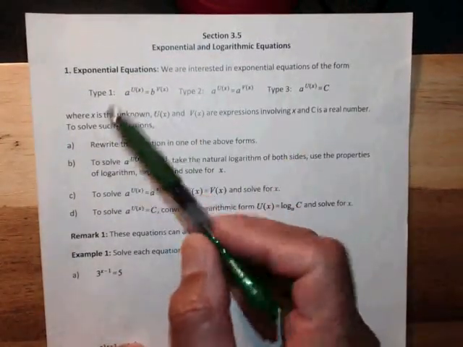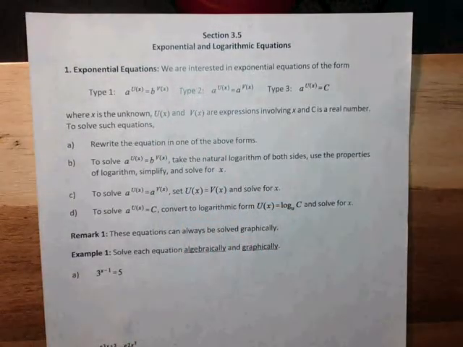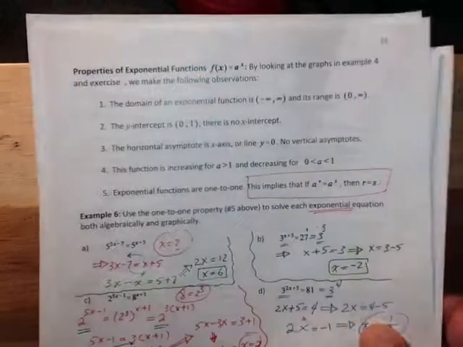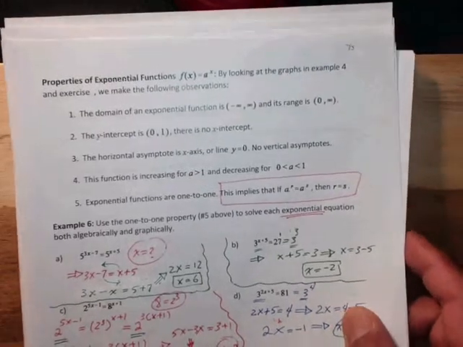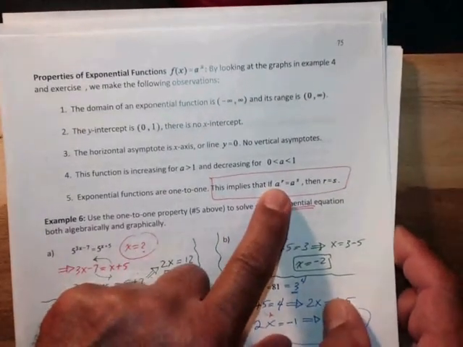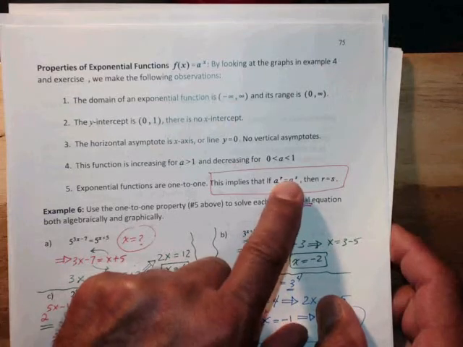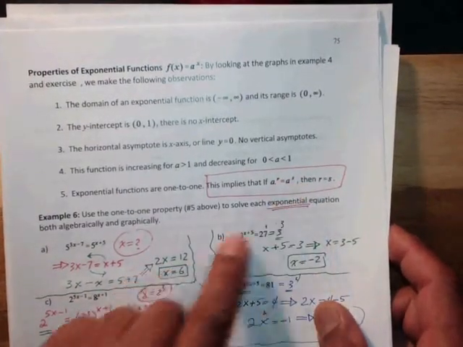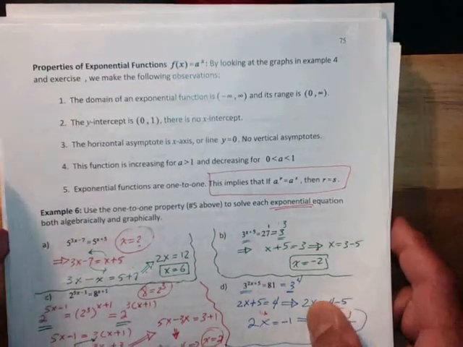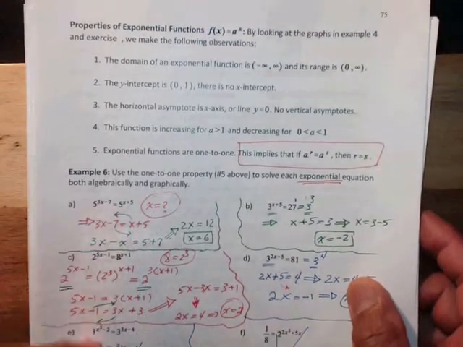In fact, if you go back to section 3.1, page 75, when we discussed properties of exponential function, we talked about this property: if you have two exponentials with the same base, then the exponents would be equal, and if those exponents involve x, the unknown, then we have exponential equations.